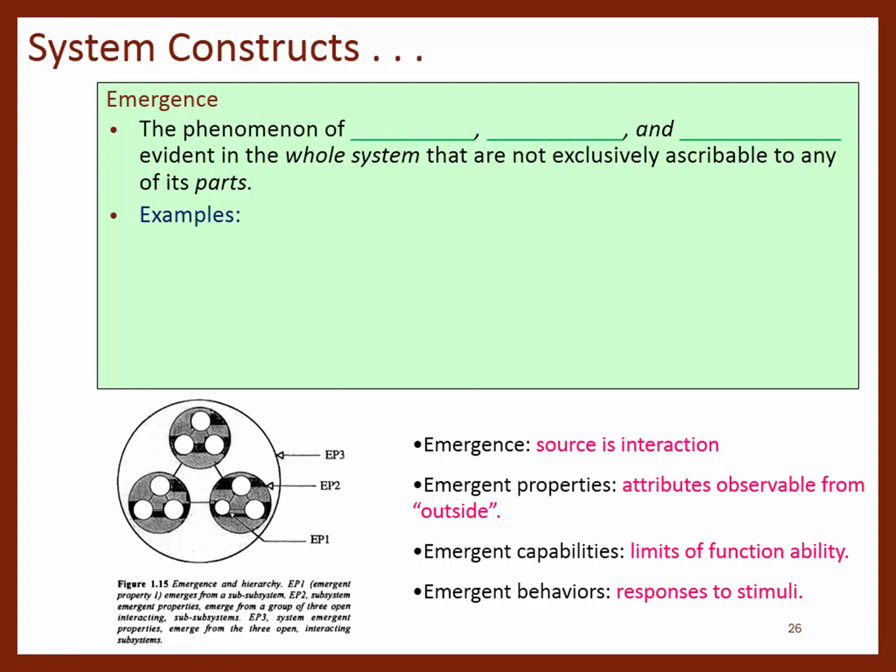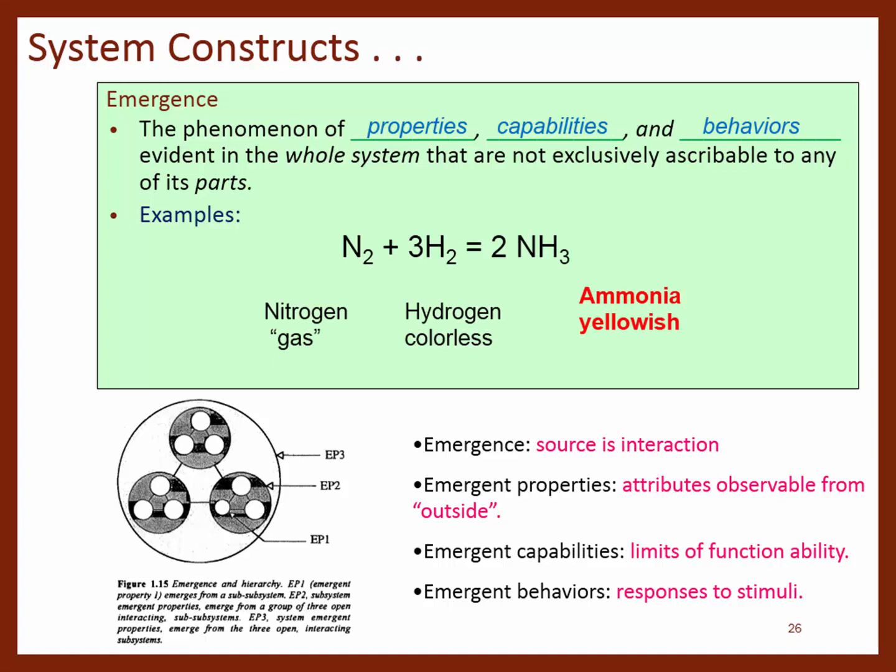Emergent. So this is the last one. I was telling some of you, the phenomenon of properties, capabilities, and behavior evident in the whole system that are not exclusively ascribable to any of its parts. For example, when you combine nitrogen and hydrogen, both of them are colorless gases, right? They have no color.